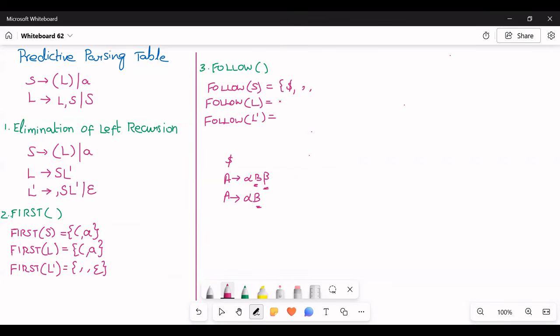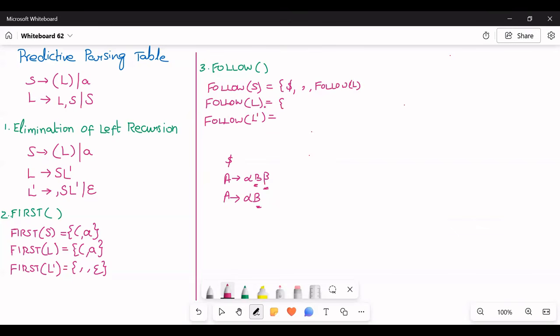So we need to add comma, then instead of epsilon, we need to write follow of L also. So we have to find follow of L here, then we need to substitute it. As of now we can write follow of L here.